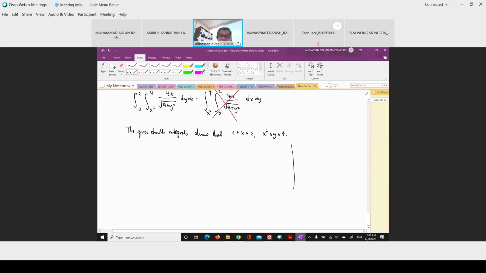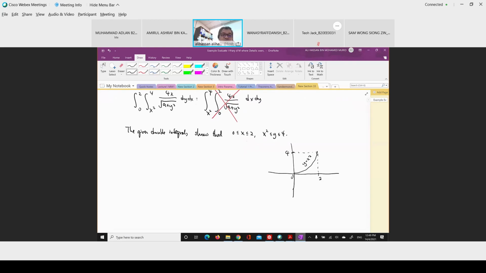So let's make a sketch of this domain. x is between 0 and 2. y equal to x squared is a parabola, right? And when x is equal to 2, y is equal to 4.